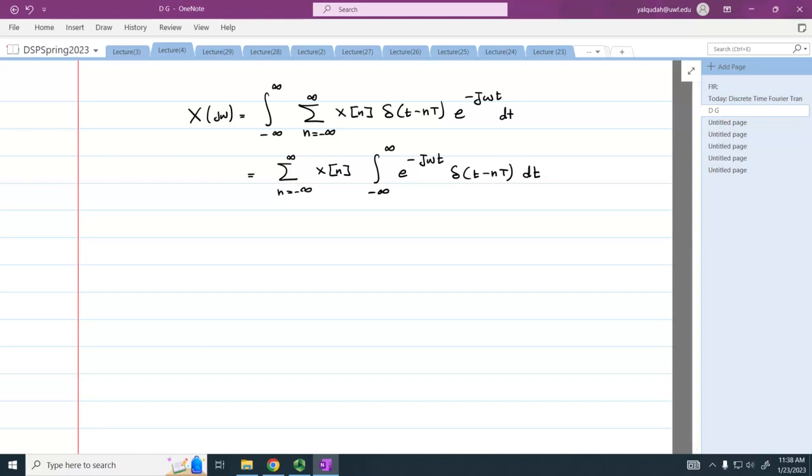What is this going to equal to? Based on what we've done in the recall, we can write this as the summation from n equal negative infinity to infinity, x of n. What is this integration going to equal to?